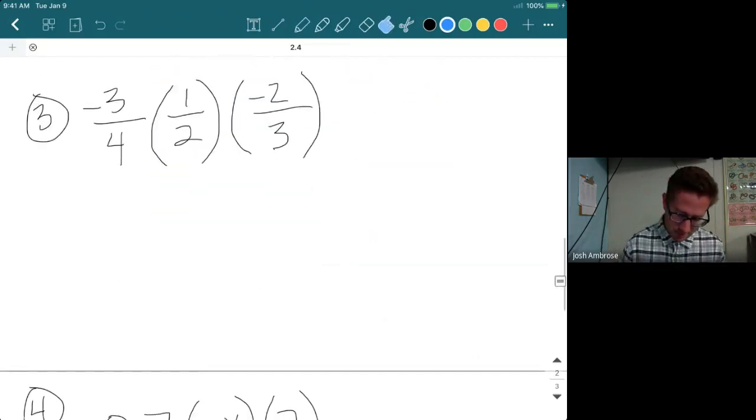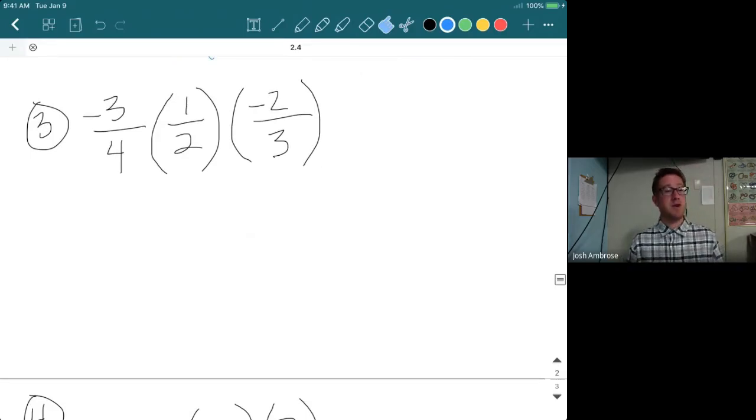All right, let's move into example 3 here. Now we're dealing with some fractions. Again, just go straight across, okay? So what I'm talking about here is let's multiply these guys together first. What is a negative 3 times a positive 1? A negative 3 times a positive 1 is negative 3.